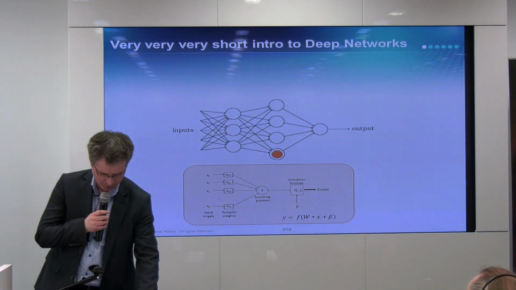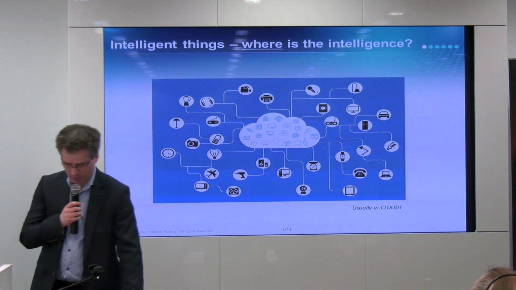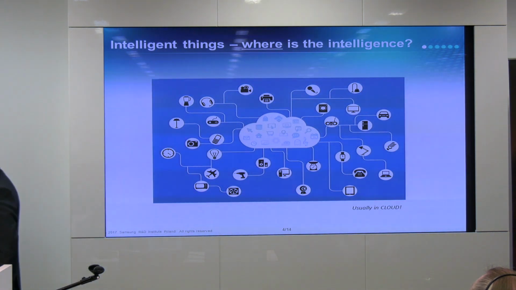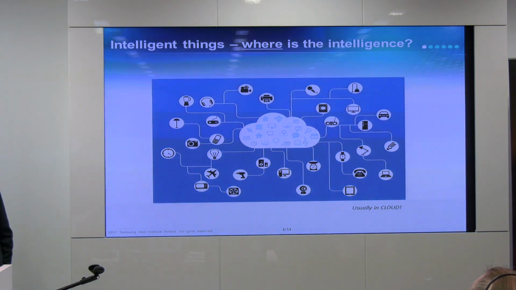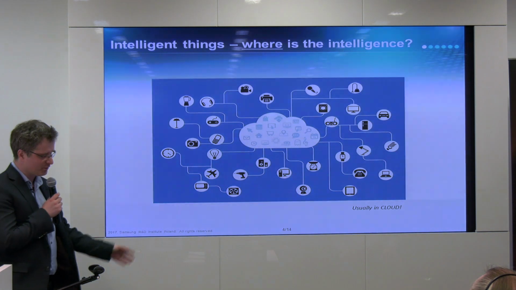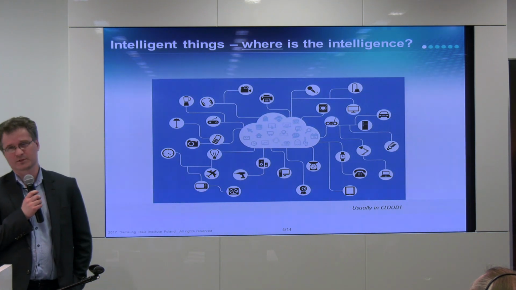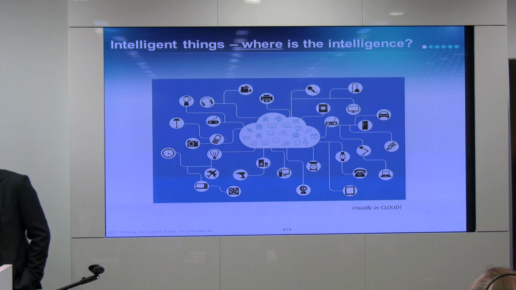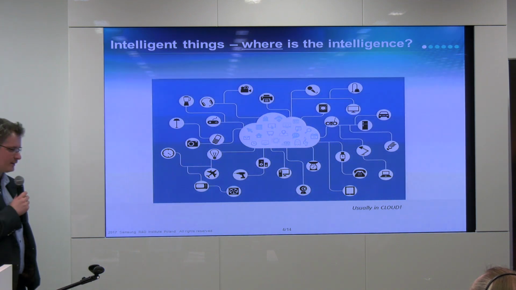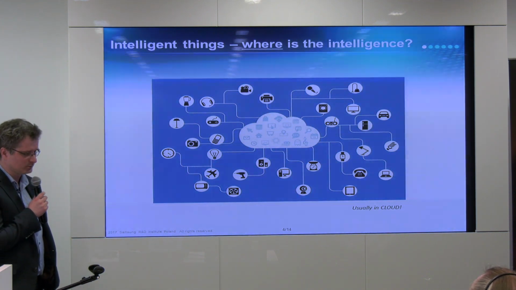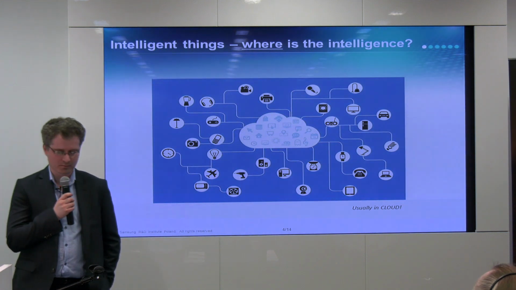Now let's go to our topic. One of the 10 trends of Gartner's for this year is intelligent things. But the question is, where is the intelligence? Usually, all these devices, if they have to perform some intelligent task, have to connect to the cloud. And when they are not connected to the cloud, they become dumb. Oh, most of them.